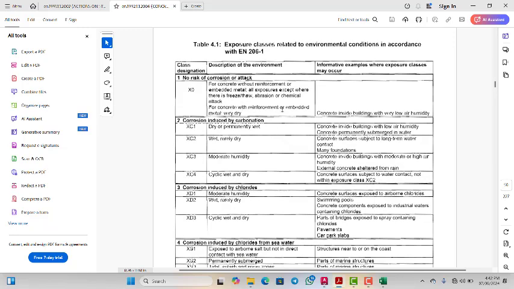For concrete with reinforcement or embedded metal, very dry. This is the environmental condition if you want to apply this class of exposure. Here we say concrete inside buildings with very low air humidity.